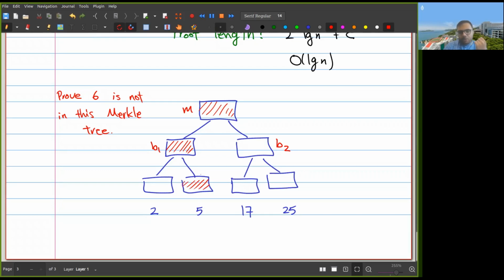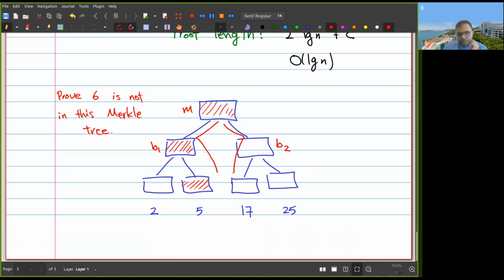So basically, I'm proving that if I take this path in the tree, it will reach a node that has the value of 5. Now, similarly, when I want to prove that 17 is in my tree, what I'm actually proving is that if I take this path in the tree, I will reach 17.